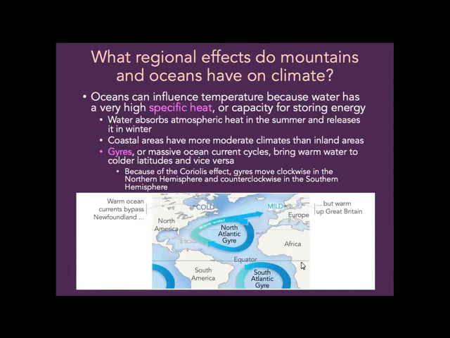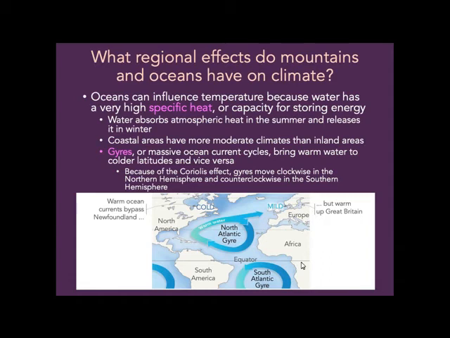All right, you can see effects of oceans on climate as well. And you learned in 1113 that water has a very high specific heat, meaning a very high capacity to store energy. And so, if you've ever been to the beach, water tends to absorb atmospheric heat in the summer and releases it in the winter.